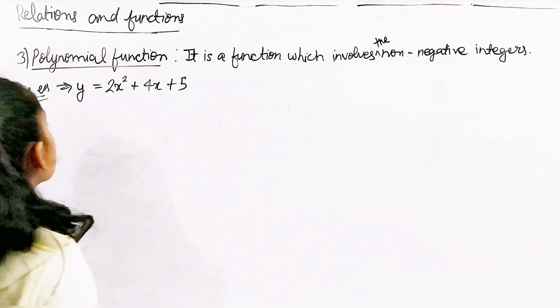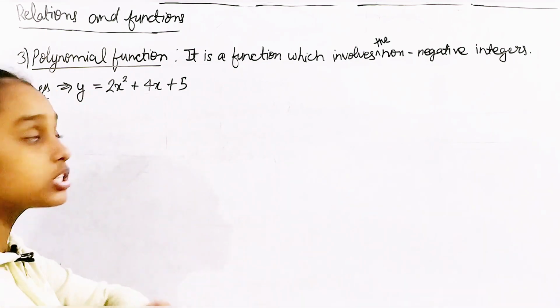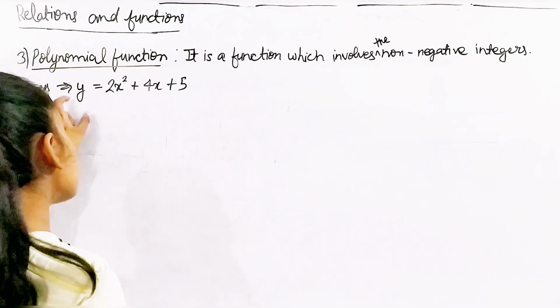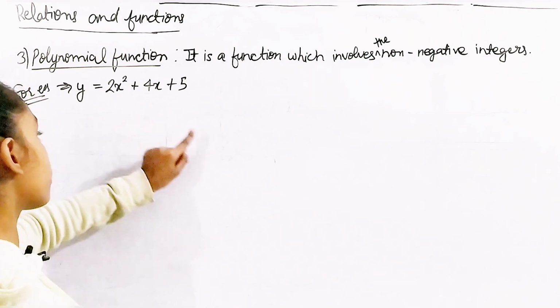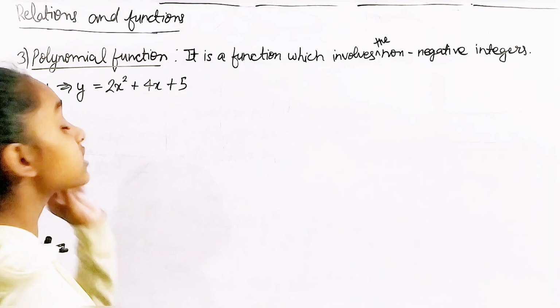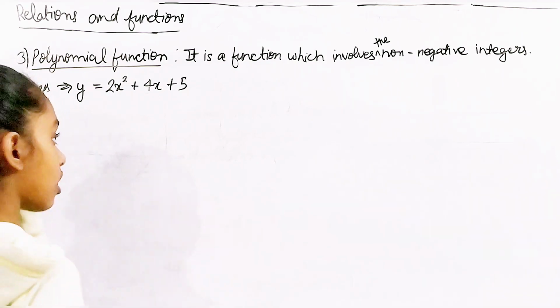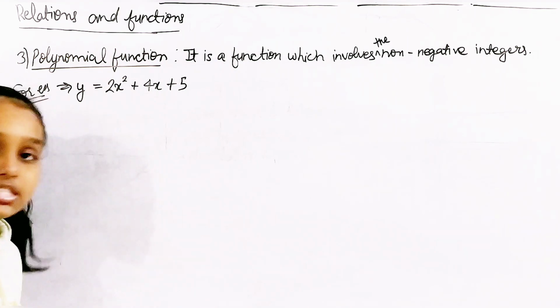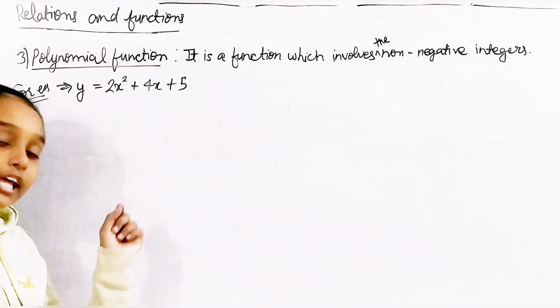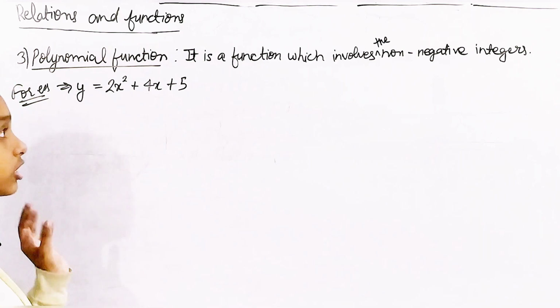So y is going to be the output. It's saying that the output value is equal to 2x squared plus 4x plus 5. And x and y are always going to be there in functions. So x is going to be the input value and y is going to be the output value. That's what it's talking about.